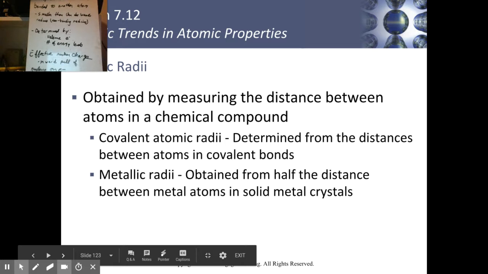The atomic radii trend is determined by the number of valence electrons, and most importantly, what's called the effective nuclear charge. The effective nuclear charge is the inward pull of the nucleus on the electrons. Because what charges the nucleus? Positive. Electrons are negative. So you have to realize that those electrons that are shielded by the outermost levels are influenced more by the nucleus itself with the positive charge.